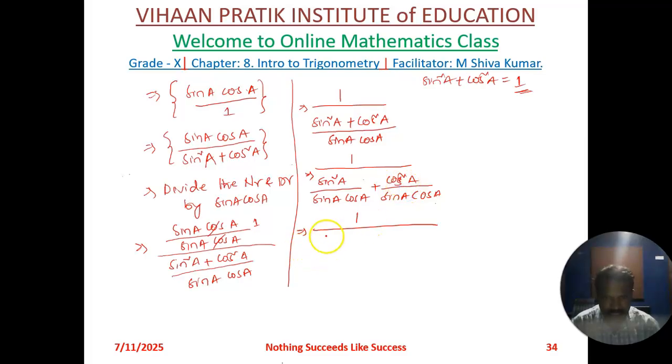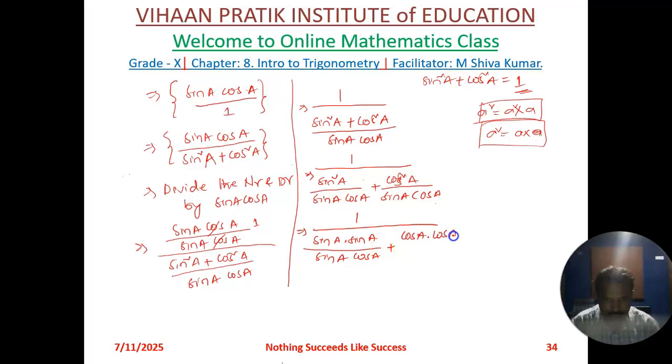Always I am telling this, A square is A into A. That's the meaning of A square equals A into A. So we will write it as sine A into sine A divided by sine A into cos A plus cos A into cos A divided by sine A into cos A.